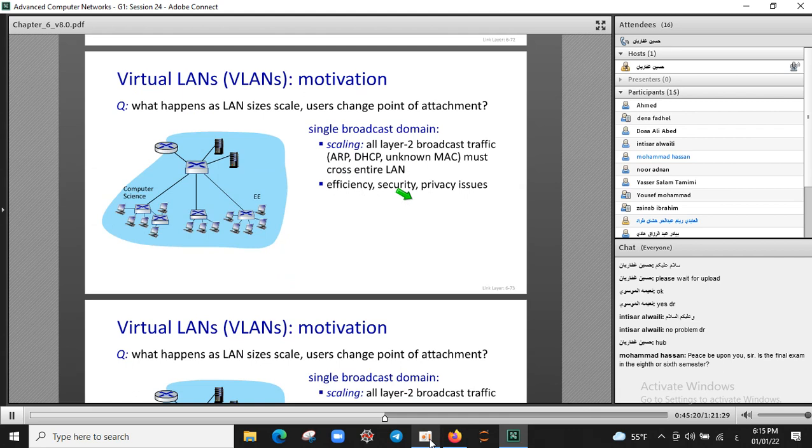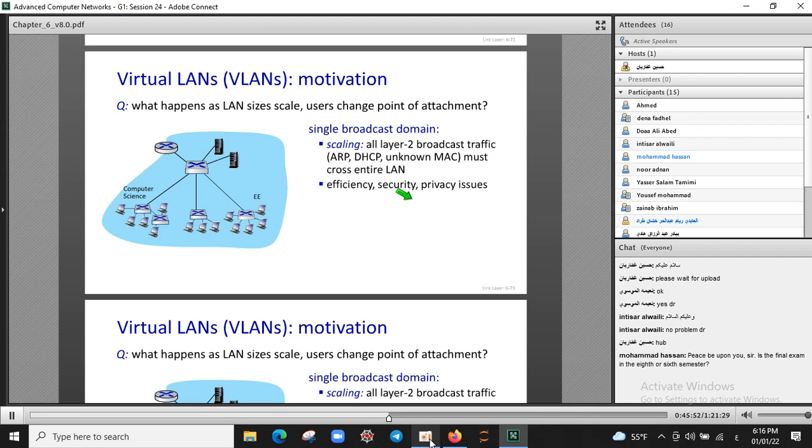Let's do one more thing. As we talked, a switch learns about the MAC addresses. Okay, the switch learns about MAC addresses, and it filters the received frames according to their destination MAC address.